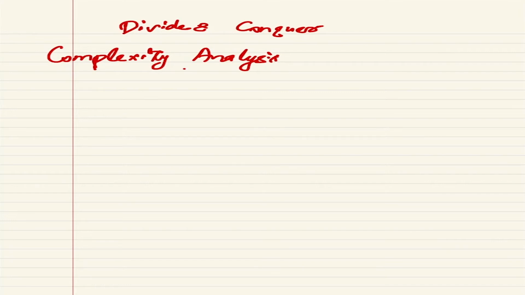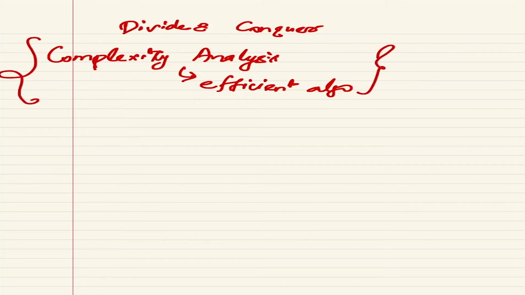Finally it gives me what is a more efficient algorithm. That was a generic thing that we will use throughout this course. We will talk about algorithms and complexity analysis so that we can finally understand which one is a more efficient algorithm.